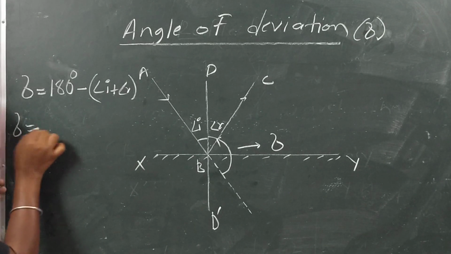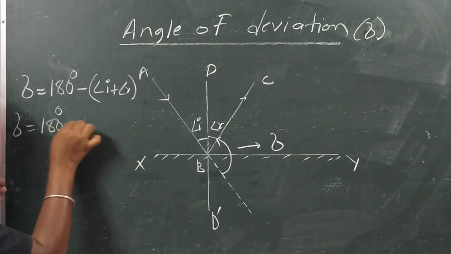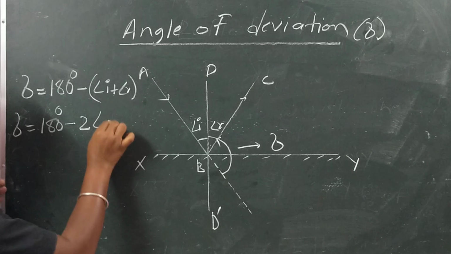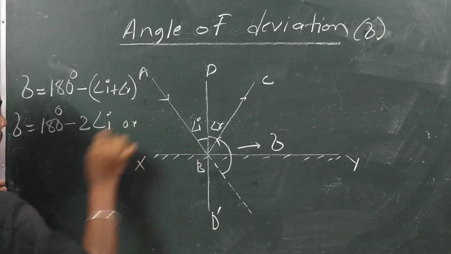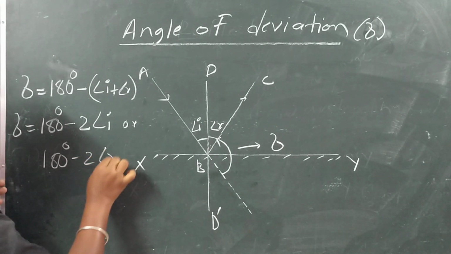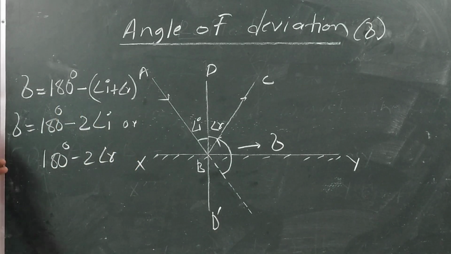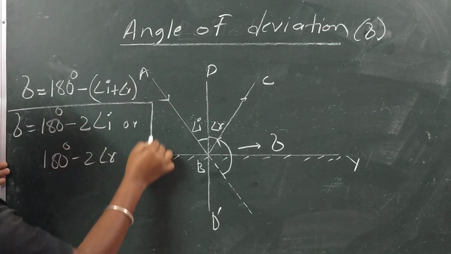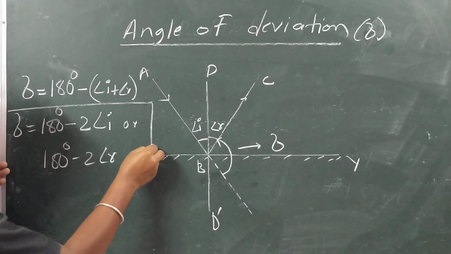So delta is equal to 180 minus, I can write also as twice of I, or I can write 180 minus twice of R. So this is the angle of deviation formula you can write.